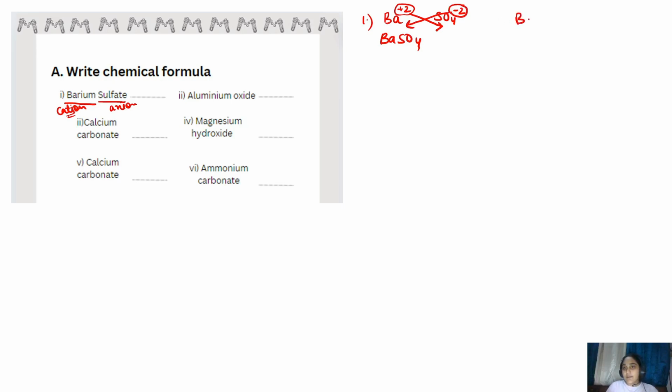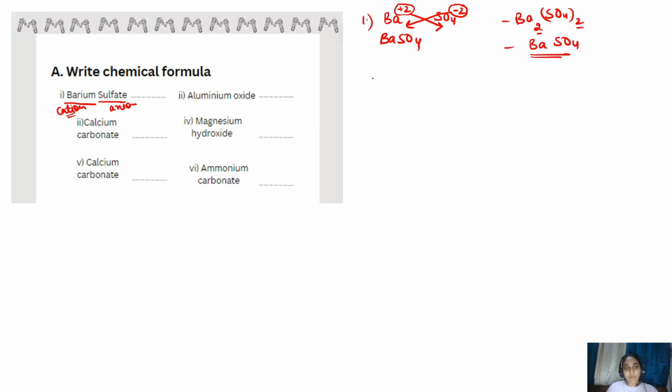So Ba2 here and SO4 2 here. Then write in the simplest form: because there are 2 and 2, we can cancel them, and the simplest form will be BaSO4.